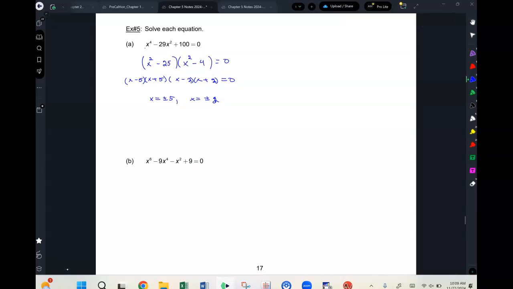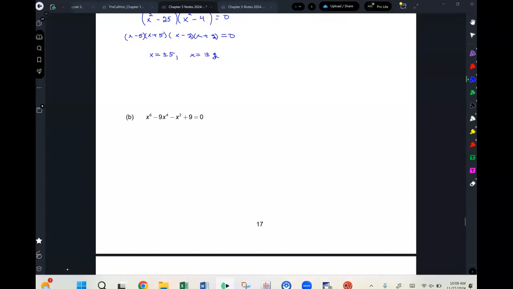Okay, this one, we have 4 terms. So 4 or more terms, we have to try factoring by grouping. From here I can factor out an x to the 4, and I get what? What do I factor out from here?